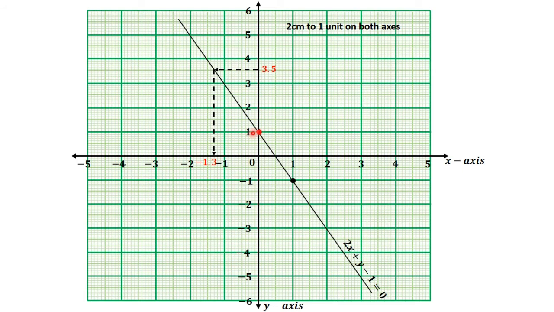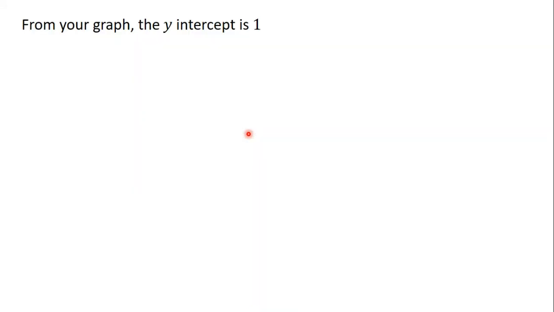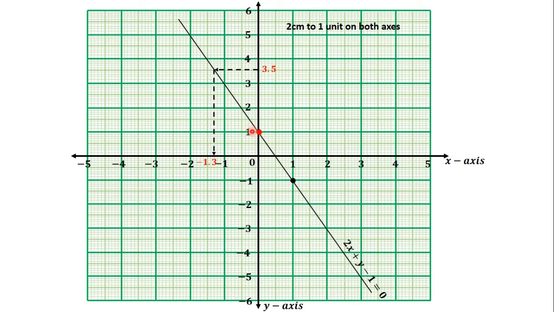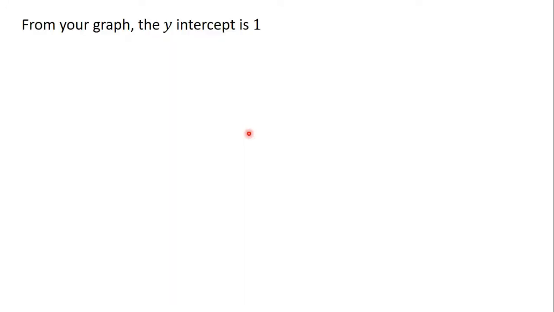Now at this point, the y value there is 1. This means that from the graph, the y-intercept is 1. The y value at the point where the line cuts the y-axis will give us the y-intercept, and at this point, the y value there is 1. So from the graph, the y-intercept is 1.